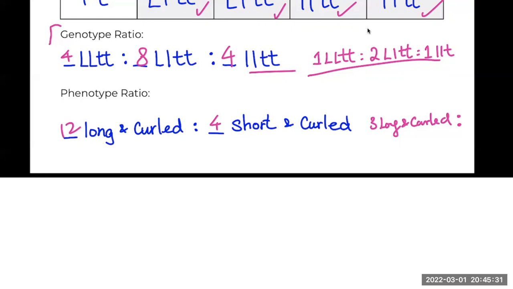There we go. That's your final answer. So when you have a ratio like that, always try and simplify it. Divide it by 2 or divide it by 5 or divide it by 4, depending on what the numbers are. All right, that's it. Thank you and enjoy the rest of your day.